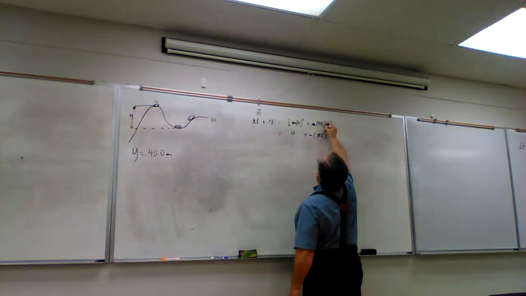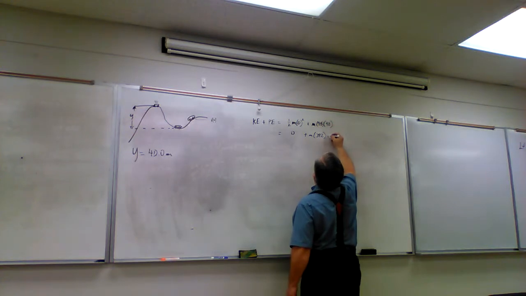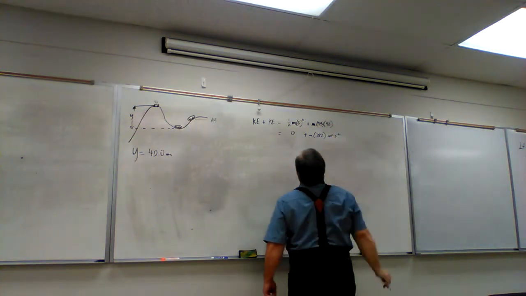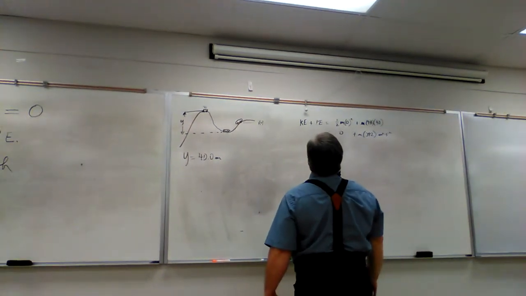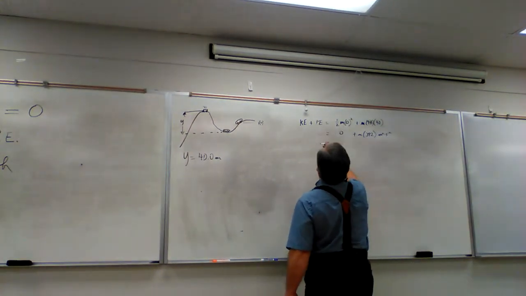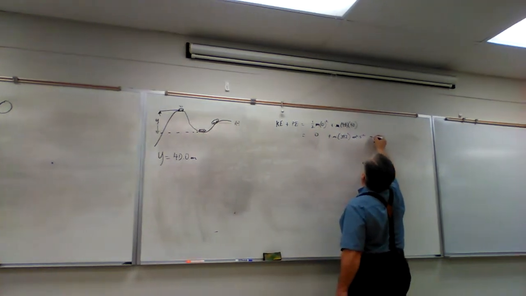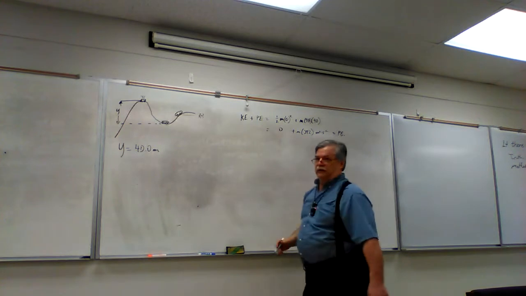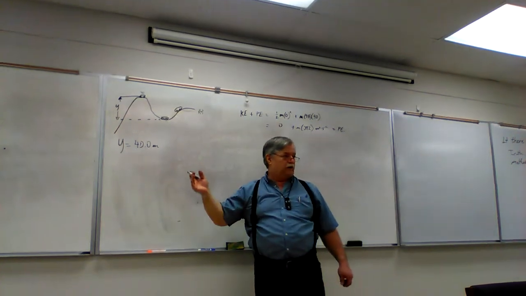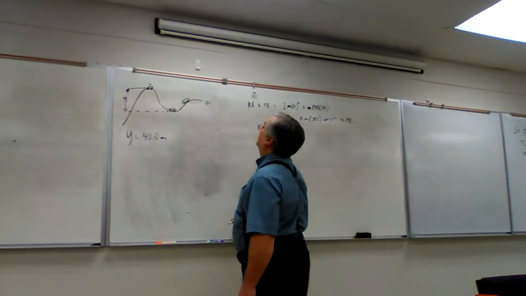Which is meters per second squared times meters, so it's meters squared per second squared. And that is our total potential energy. But it's our total energy completely, because we have no kinetic energy; it's sitting at rest.